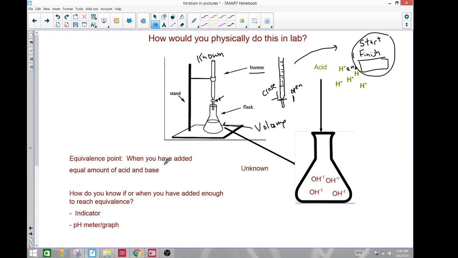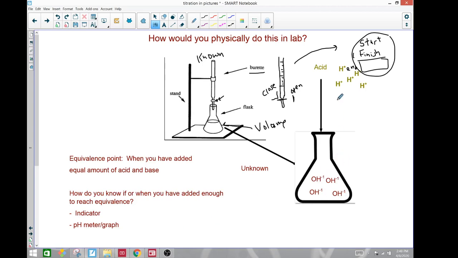All right. So again, key terms here. Equivalence point is when you've added equal amounts of both acid and base. And how do you know when you have added enough to reach your equivalence? So once again, I have my unknown here, and I have a base this time.